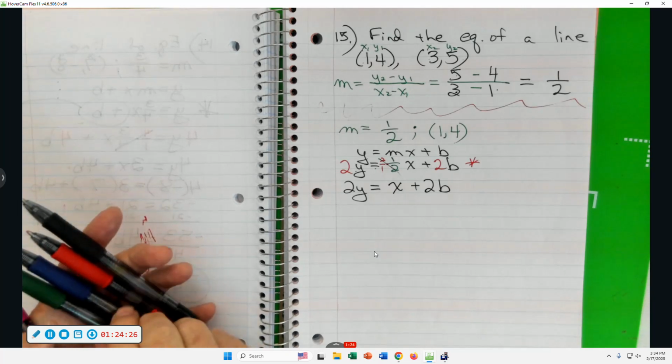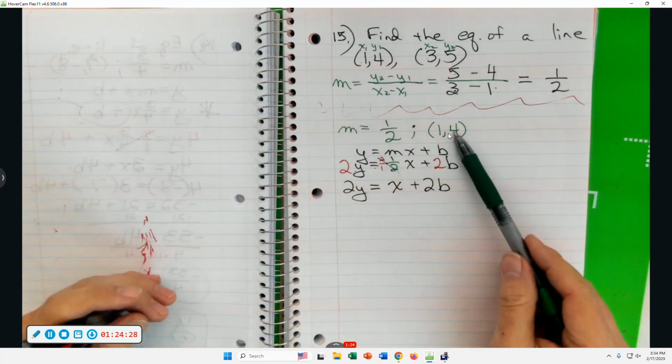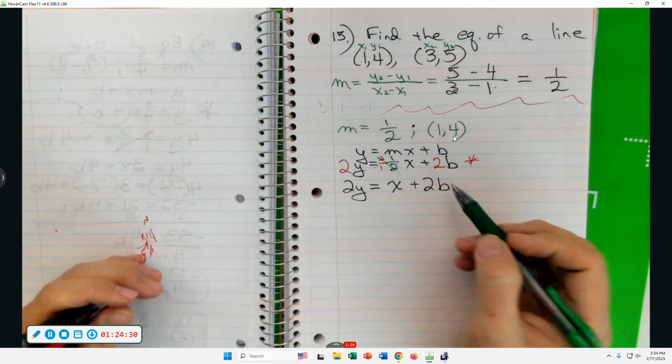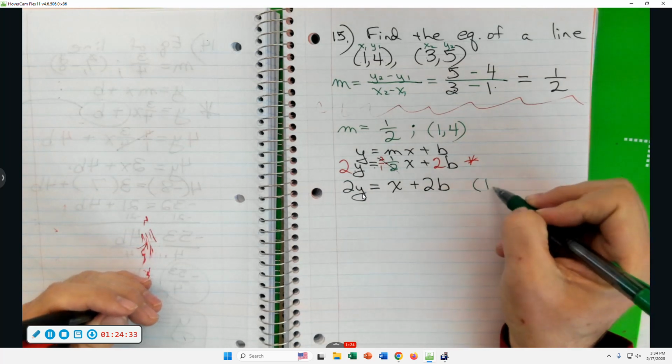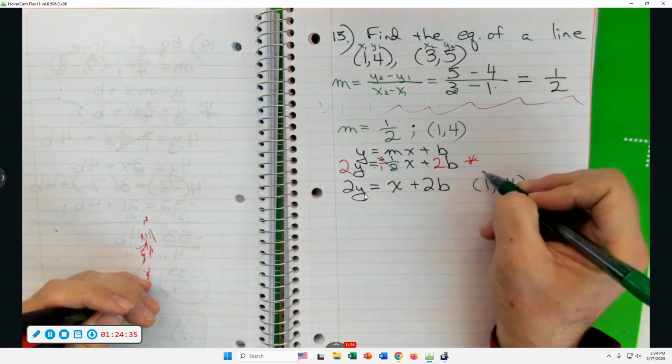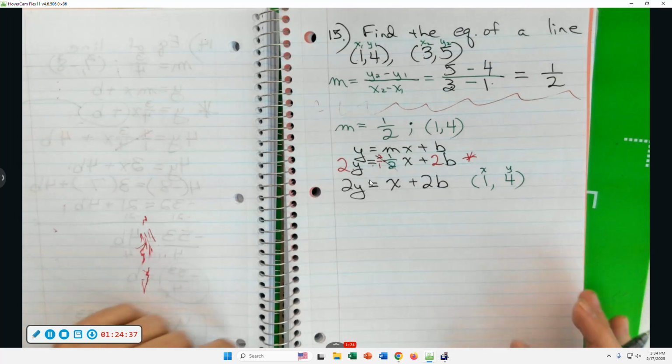Now this is the form where we should plug in the x and y. This is the form where we'll plug in 1 for x and 4 for y.